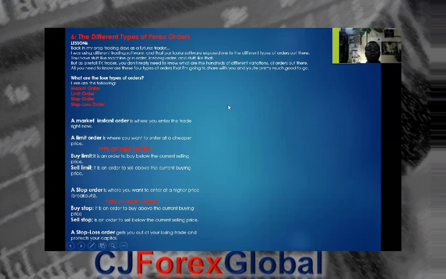A buy limit is an order to buy above or below the current buying price or selling price. Now, buy stop is an order to buy above the current buying price, while sell stop is an order to sell below the current selling price. This is what you should know about buy orders and sell orders.